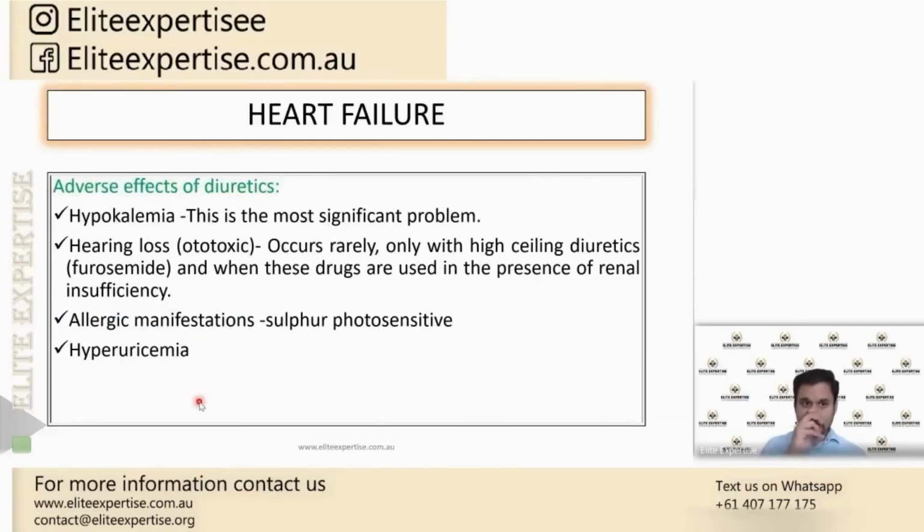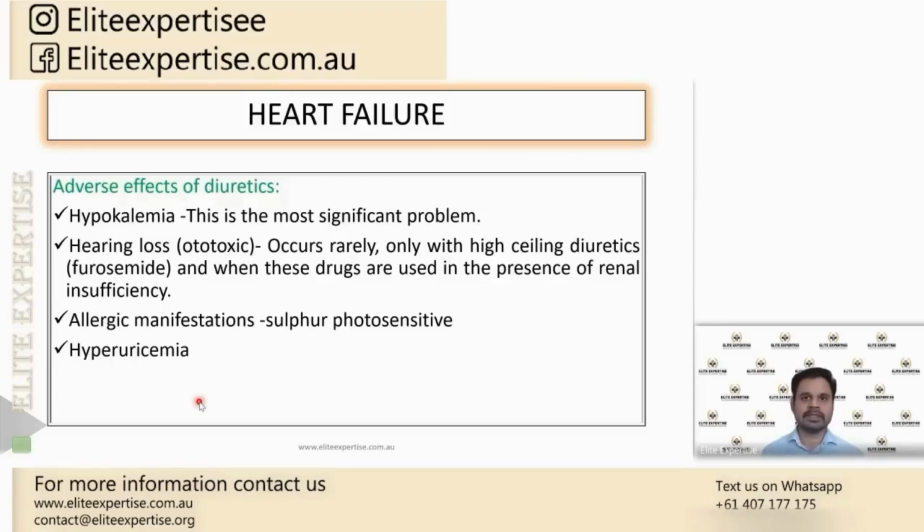Then the adverse effects of the diuretics. Diuretics cause hypokalemia. As we have already covered all these adverse effects in our previous topics, diuretics cause hypokalemia, that is they decrease the serum potassium levels. And loop diuretics, like furosemide, have an ototoxic property, especially when we combine furosemide with another ototoxic drug.